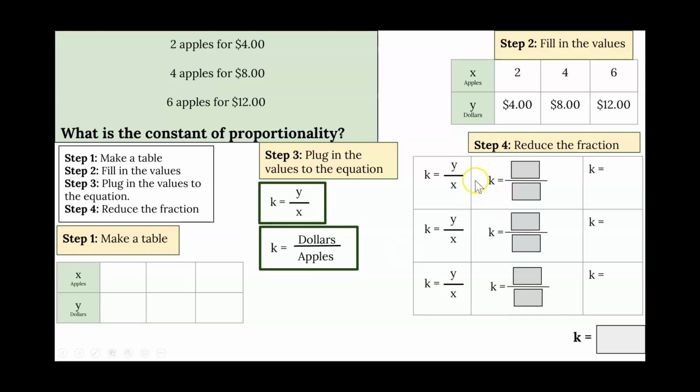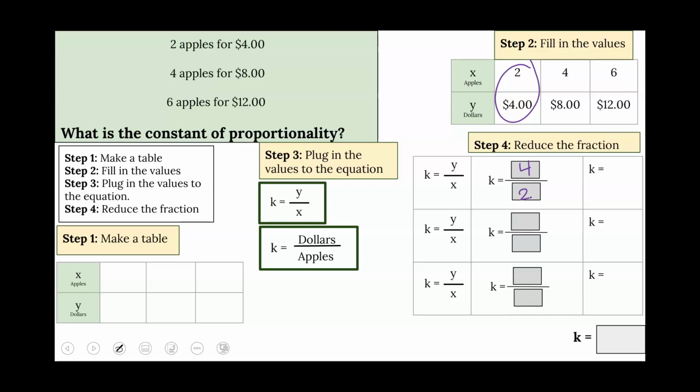Here we go. This is going to be my first one, my second one, and my third one. When you get to your assignment, you're going to double click these boxes. For this example, I'm just going to write on the boxes. So we said dollars over apples. Looking at the first one, we have $4 for 2 apples.